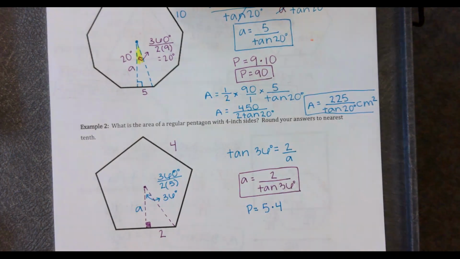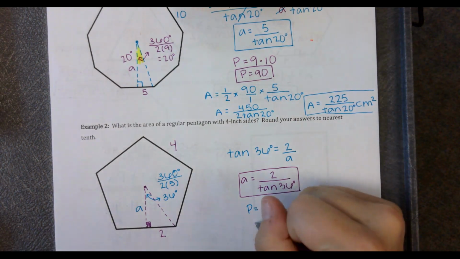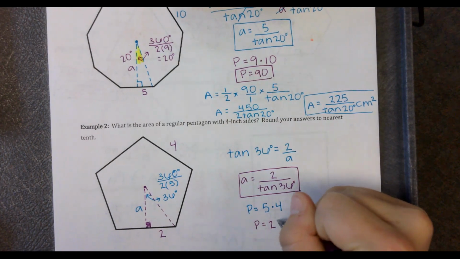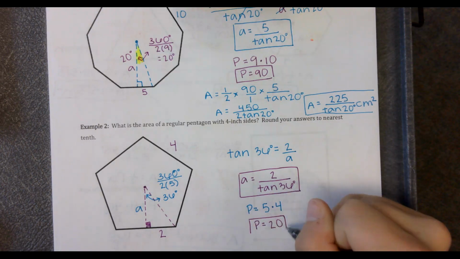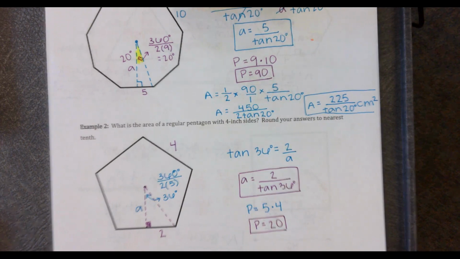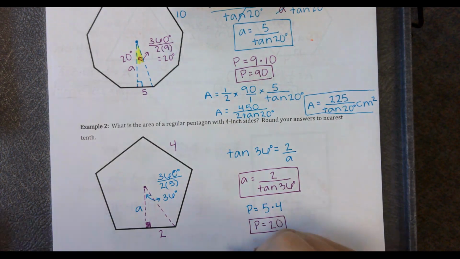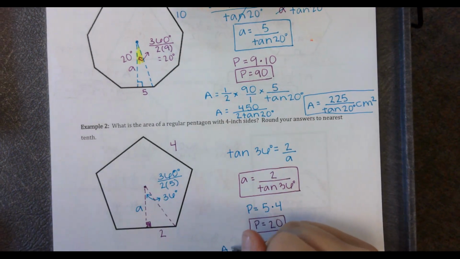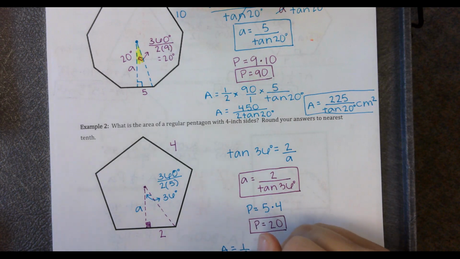So my perimeter is going to be 20. Next step is just area equals half times the perimeter times the apothem.